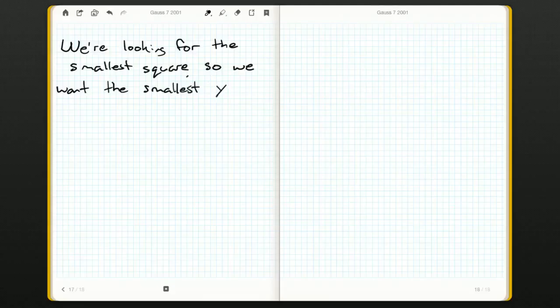So we want the smallest y so that y squared is equal to 24x. Now 24 is a whole number, x is a whole number, so y squared is definitely going to be a whole number. So we have to start thinking, well, what squares are divisible by 24?